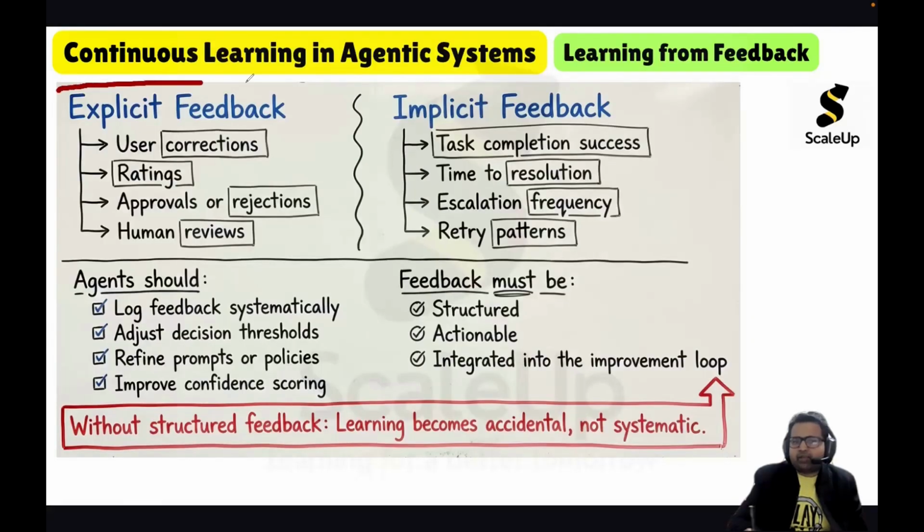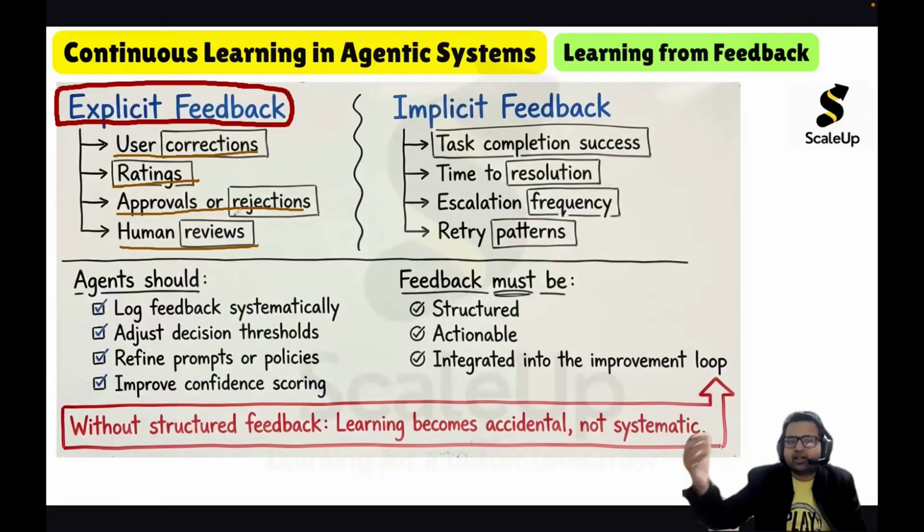Now the feedback can be explicit feedback, wherein agents can learn from user corrections, ratings, approvals or rejections, human reviews. So external feedback is the one which the agent receives from the outside world, from the environment, like user correction, rating, approvals or rejections, human reviews.